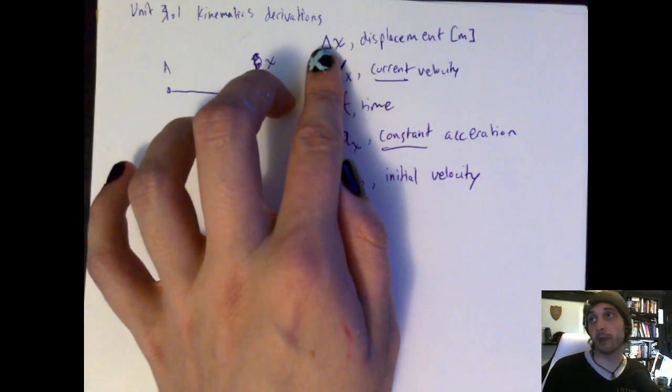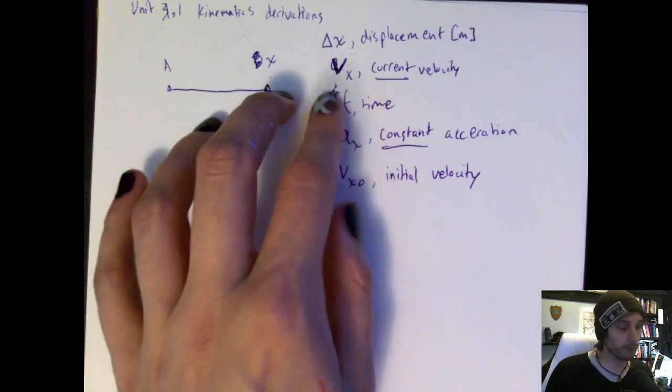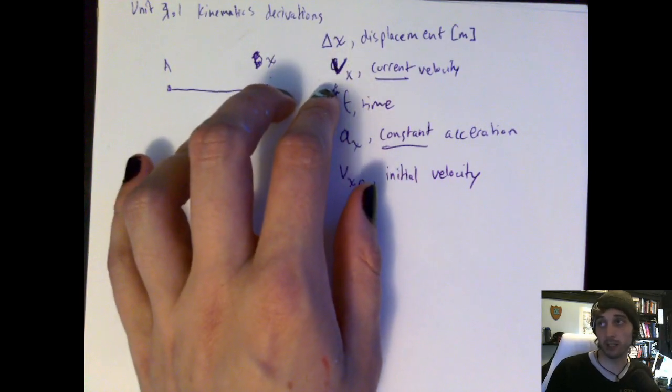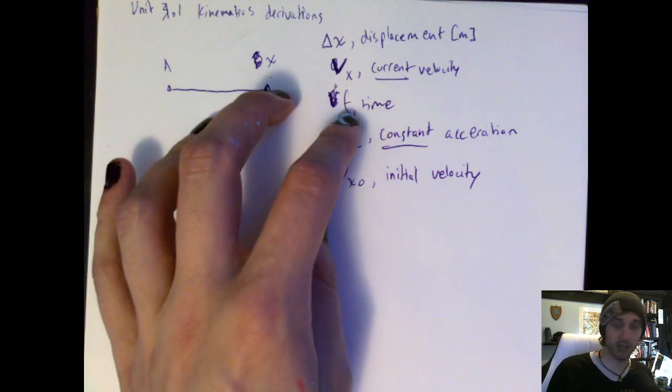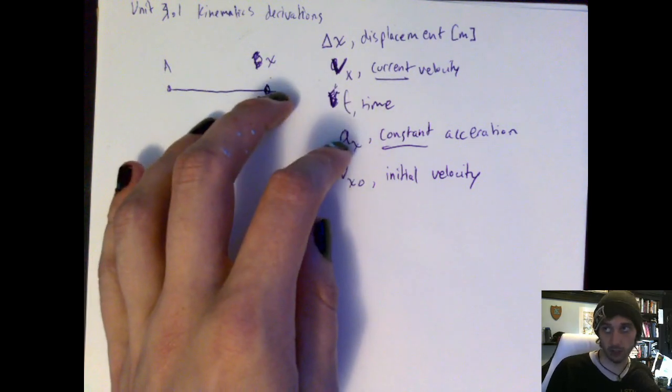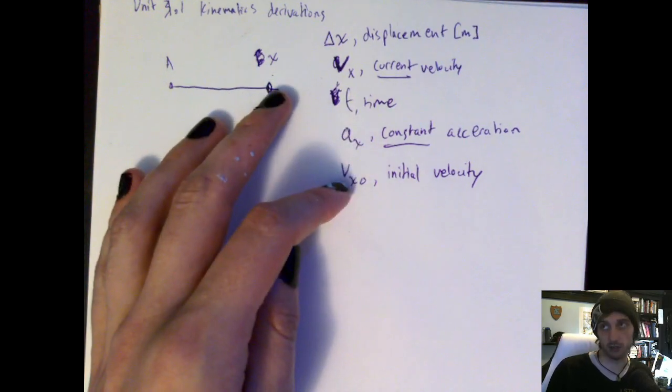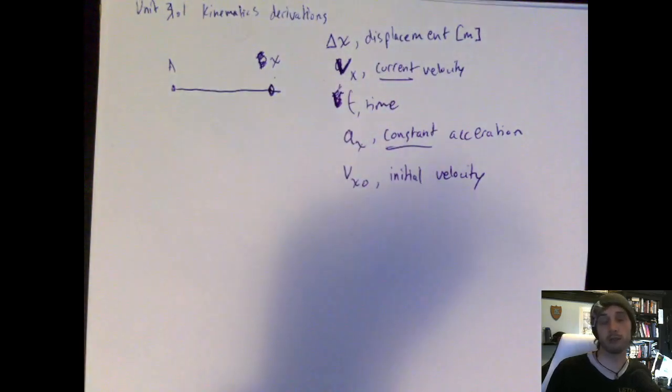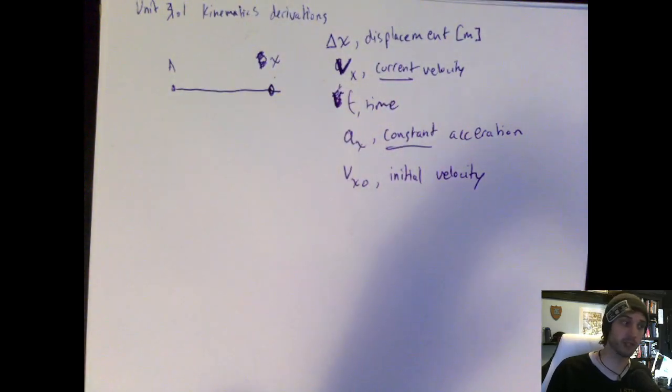Delta x is dependent on how long you wait. Vx is dependent on how long you wait, because it'll be changing its velocity throughout. The time will change throughout. The acceleration will be the same throughout the whole thing, and the initial velocity will be the same throughout the whole thing, unless you start thinking about it differently, as like starting from a different point in time.